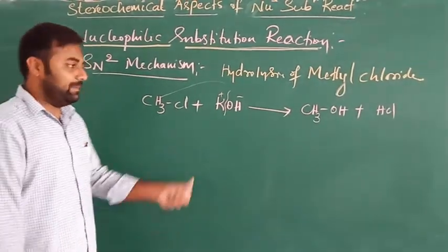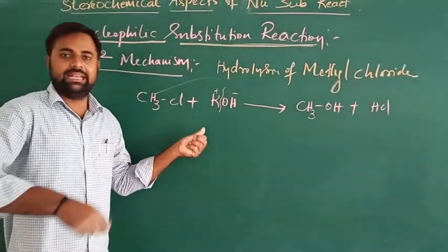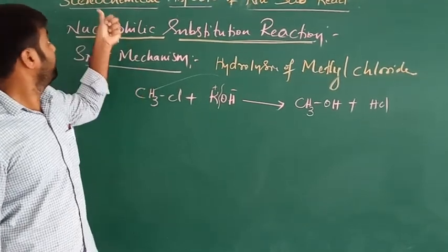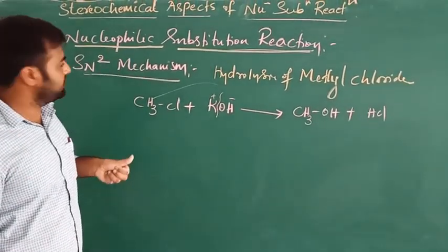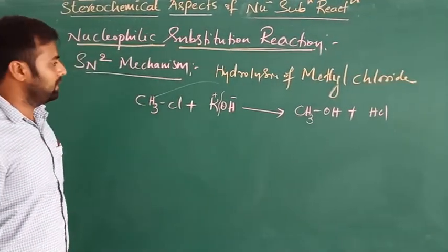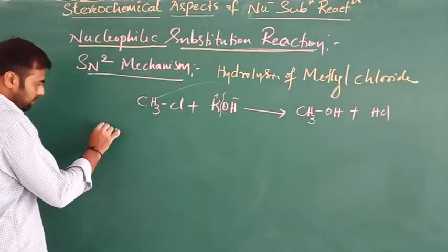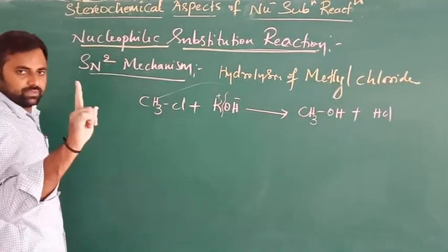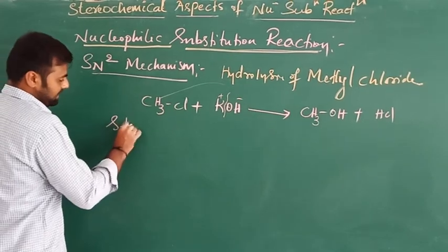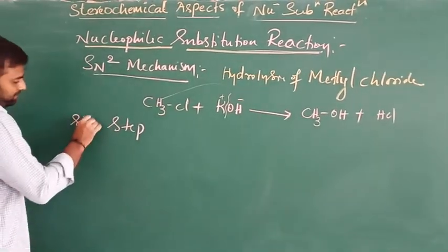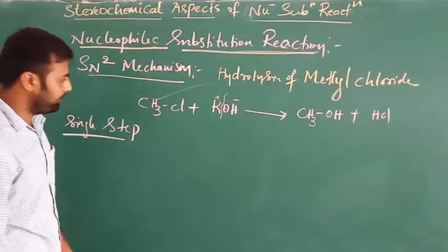Now, I am going to explain this reaction in detail, in addition to these stereochemical aspects, that is called the mechanism. Let's see the mechanism. This reaction involves only one step, a single step reaction.